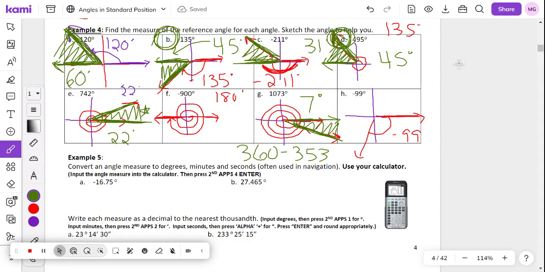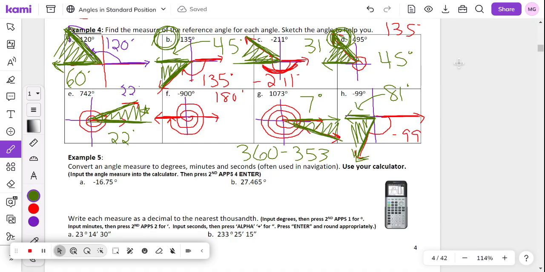For the reference angle, we have our terminal side, which is right here, making an acute angle with the x-axis, which will be right here. This is our reference angle, and we're just going to say 180 minus 99, which gives us an 81 degree reference angle.